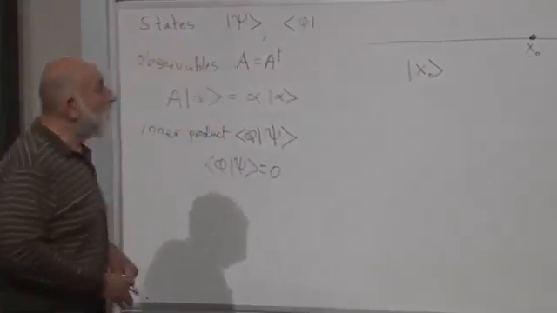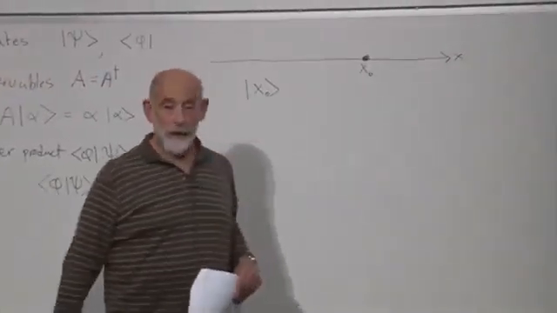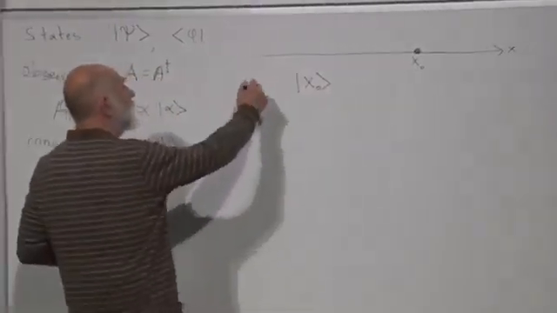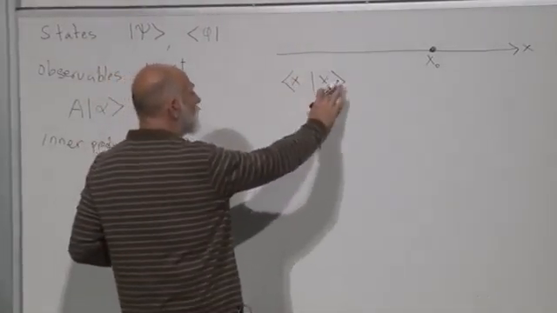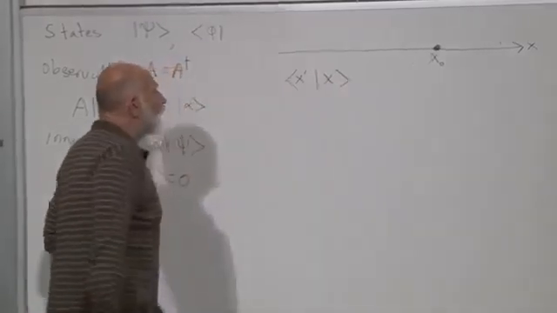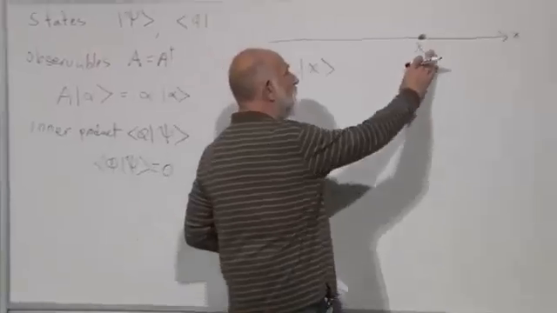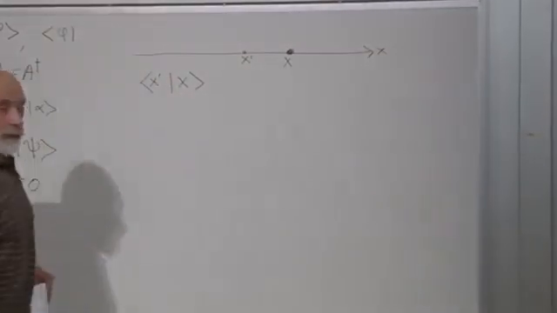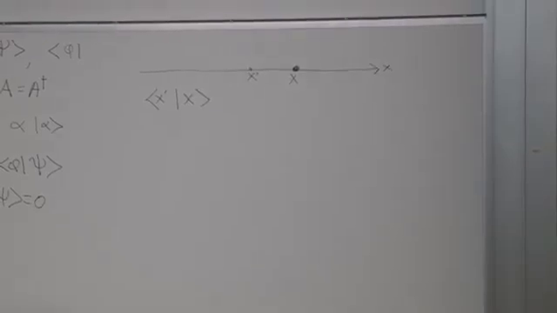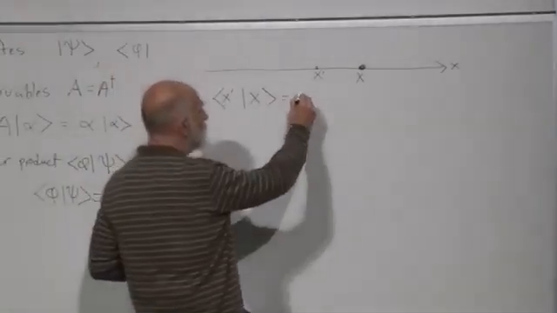Okay? Good. The next concept, oh, and of course, state vectors for different values, let's call them x and x prime. If x and x prime are two different positions, then clearly those two states are distinguishable operationally, and by measurement they're distinguishable, so these two states are orthogonal.